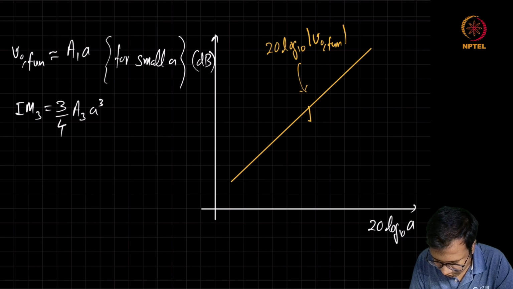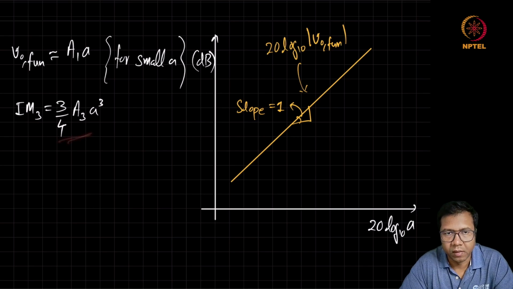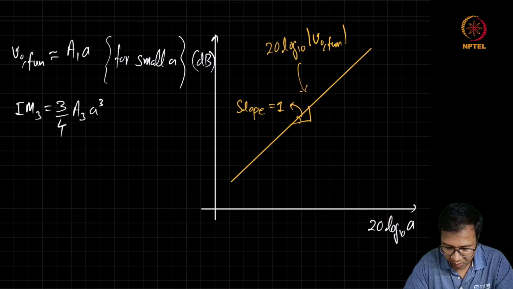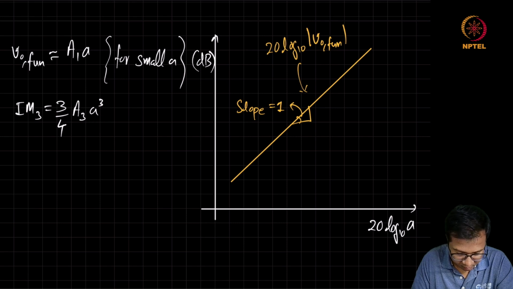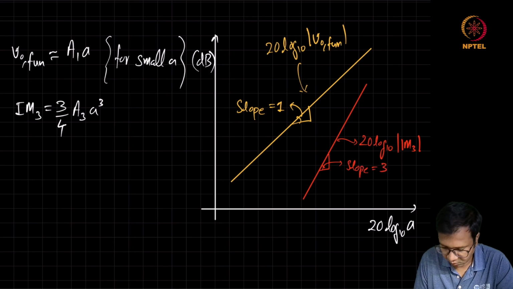This is going to have a slope of 1. Whereas if I plot the IM3 in the same graph, it is going to have a slope of 3, because you see this cubic term, slope is equal to 3.